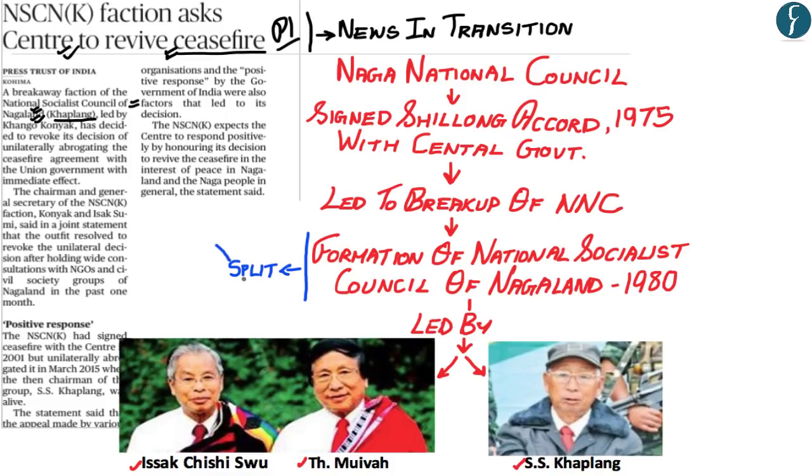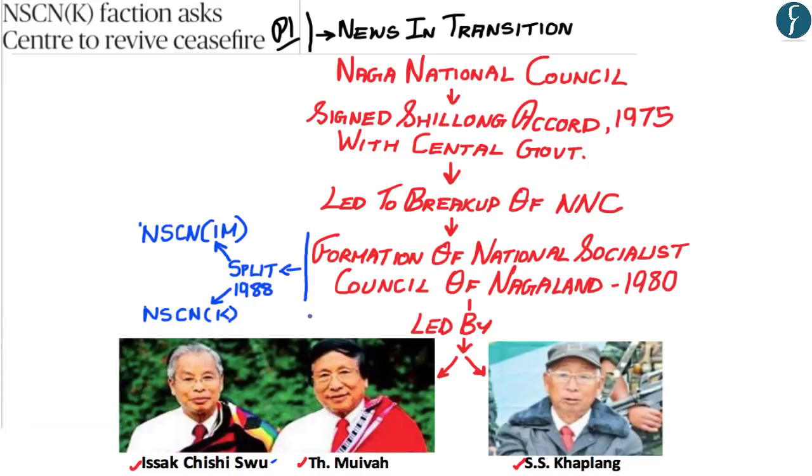The first of the two groups formed was the NSCN IM, and the second group that was formed was the NSCN K. And these two groups became the main two groups which led either the Naga insurgency or the Naga peace process. So now hopefully up till here you understood how the National Socialist Council of Nagaland, the Khaplang division, was formed.